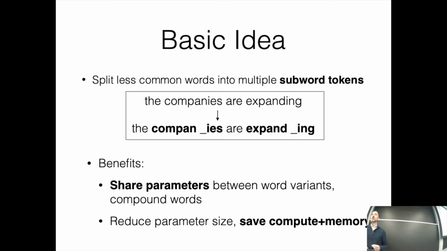700,000 is pretty good. The reason why this is a trick question is because, are company and companies different words? Maybe not, right? Because if we know the word company, we can guess what the word companies means. What about automobile? Is that a different word? Well, maybe if we know auto and mobile, we can kind of guess what automobile means, but not really. So maybe that's a different word. There's all kinds of shades of gray there.